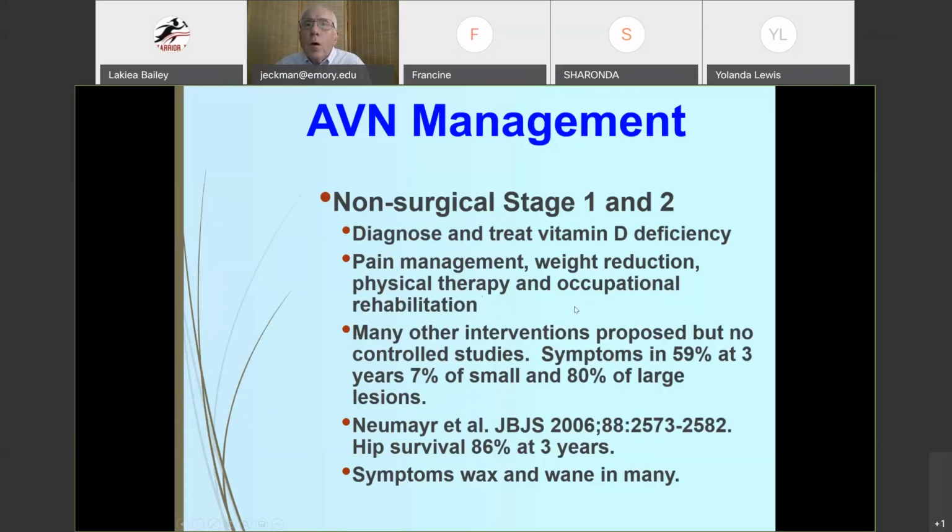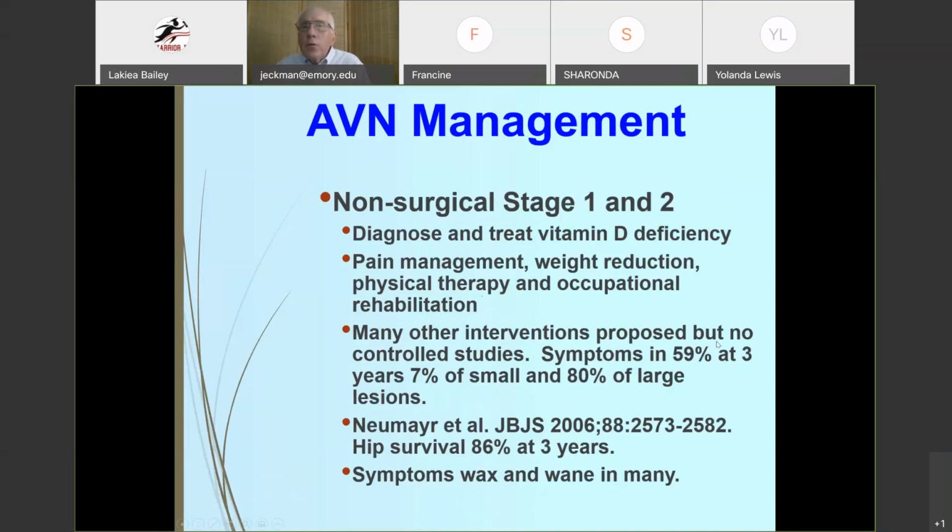They're on their feet all the time. Their job is in construction or someplace like that where you have chronic heavy lifting. And these aren't compatible with AVN, so you really do need to retrain and get into something that doesn't put as much strain on your joints and your bones.